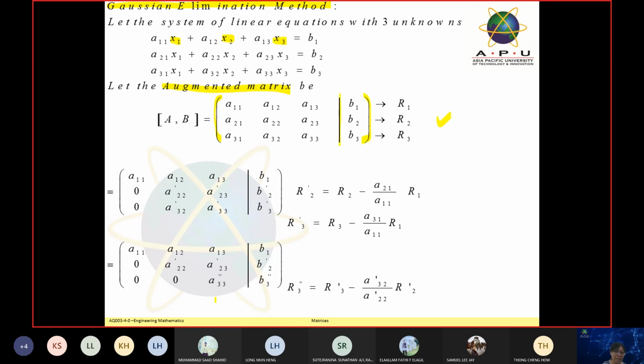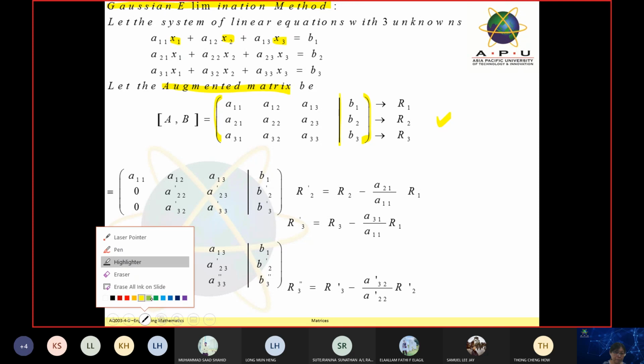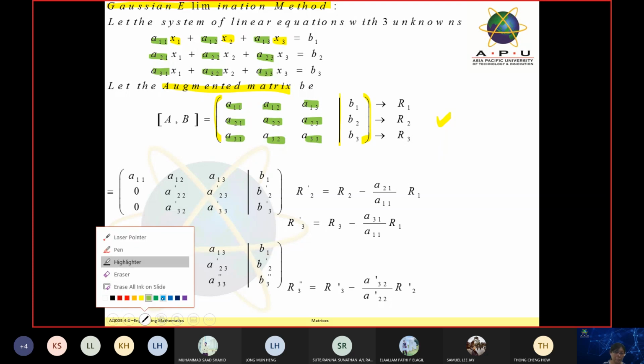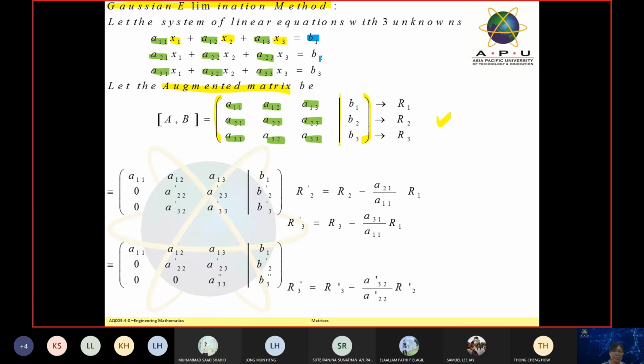For the coefficients of the equations, we put them at the left. In total, we have 9 coefficients here. Then for the values at the right-hand side of the equations, we put them at the right of the straight line. This one we call the augmented matrix.